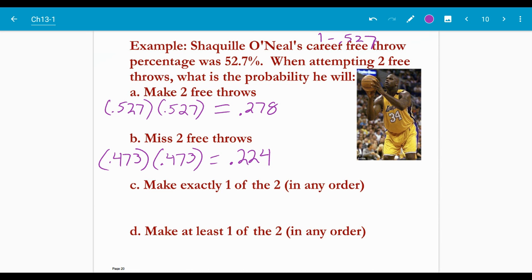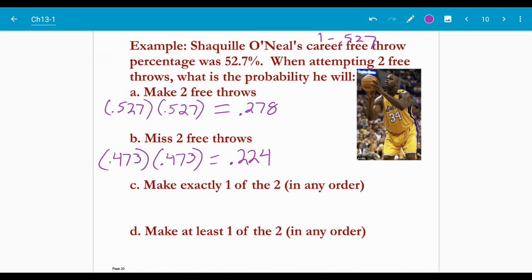All right, so letters C and D. This is kind of what we were anticipating. Our alternative option is if he were to make exactly one of the two in any order.